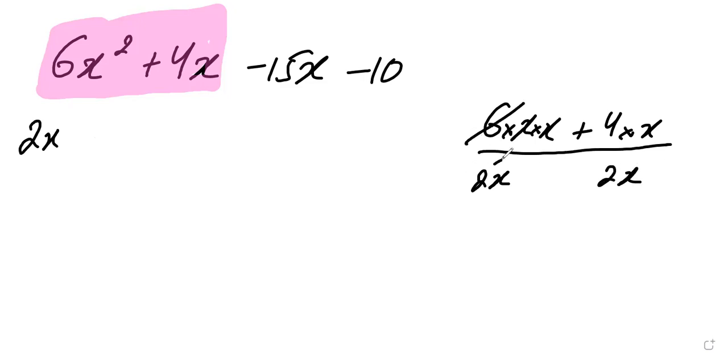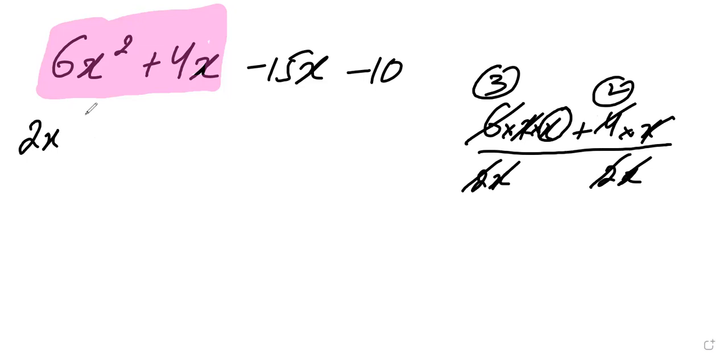Number with number: 2 threes are 6. Variable with variable. So what do we have left? We have left 3 and x. Also divide the second term: number with number, variable with variable. What do we have left? In this pair, we have left 3x, and we have left 2. Is it clear, guys?